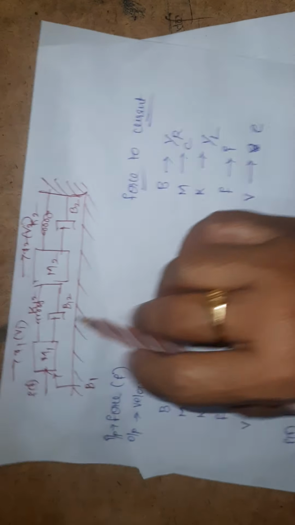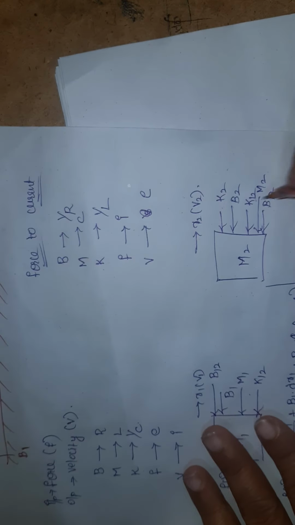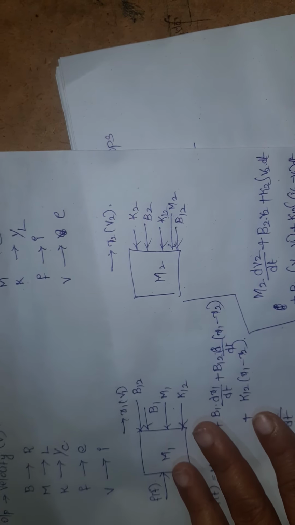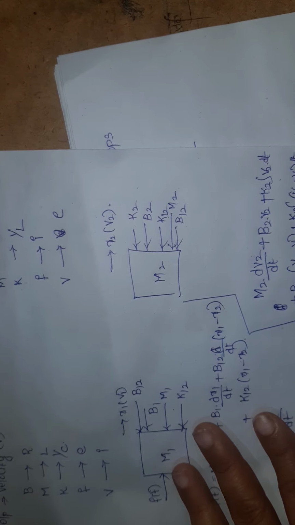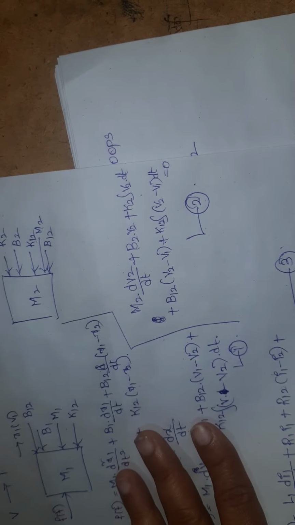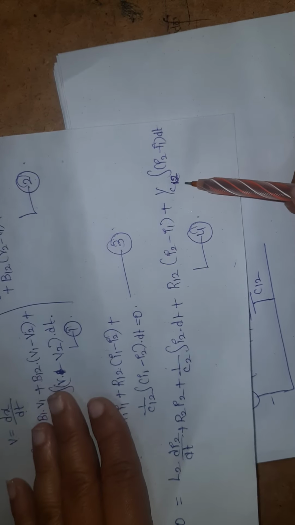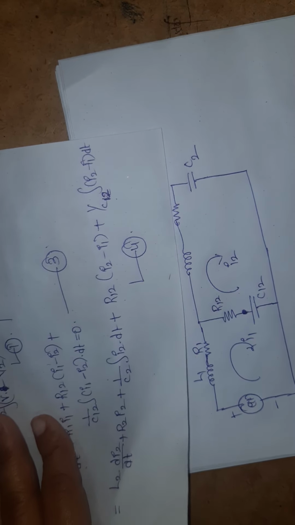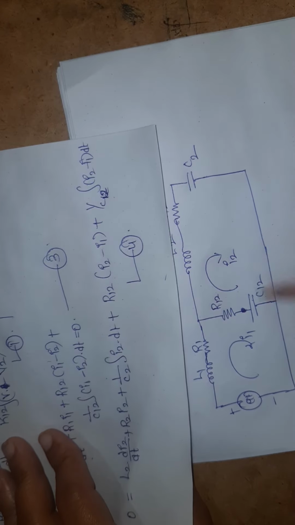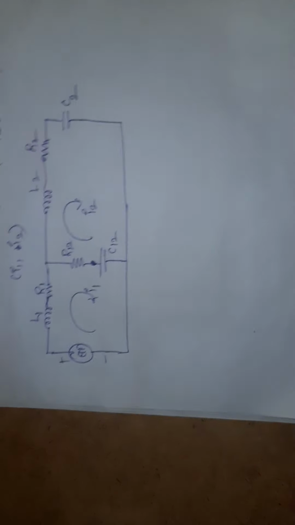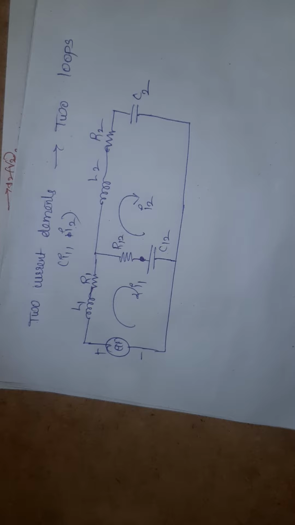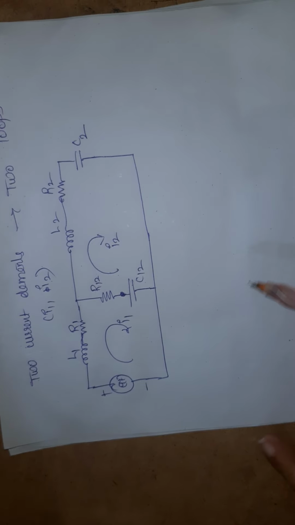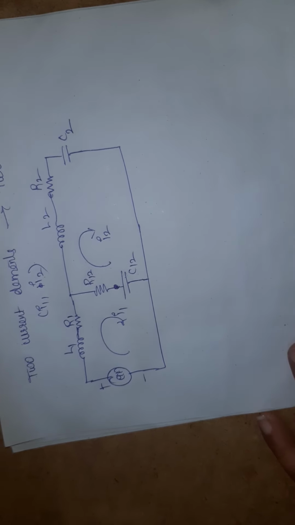Yeah, we are having K12 here. So here I forgot to write K12. Okay, so here it is C12 itself. So here C12. So it is already in between loop 1 and loop 2. So we have to close this loop. So this is the force to voltage analogy. Similarly, we have to go for force to current analogy.